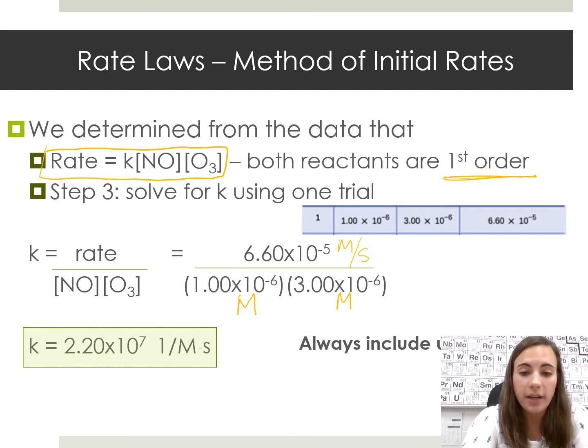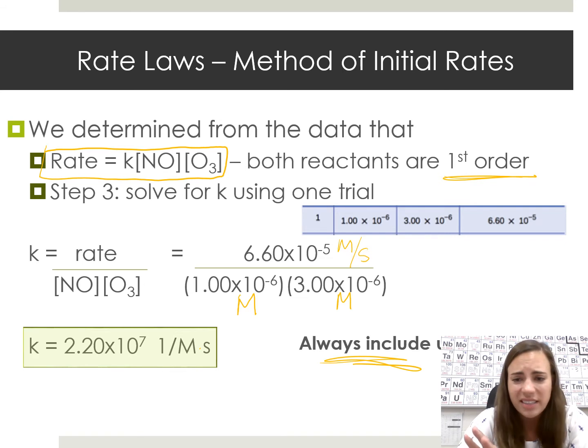It is important that you always include units with K. Oftentimes, you get a point on a free response question just for the units, okay? Students sometimes struggle with this because it's algebra of units and it weirds you guys out.